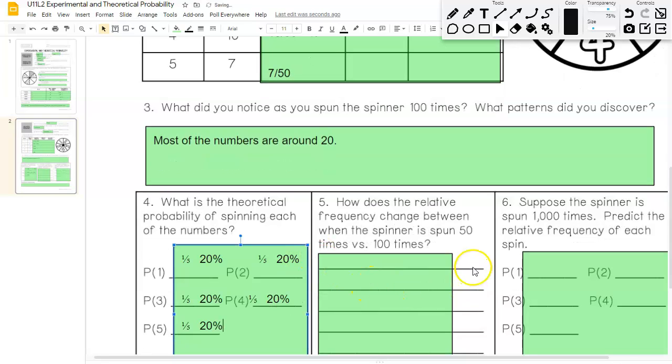Now, how does the relative frequency change when the spinner is spun 50 times versus 100 times? Alright.